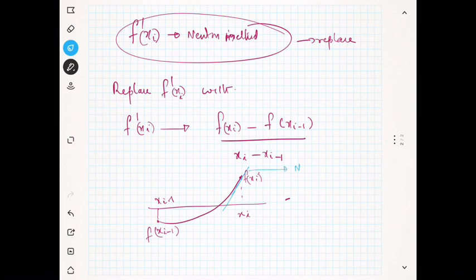So this is what is happening in Newton's method.